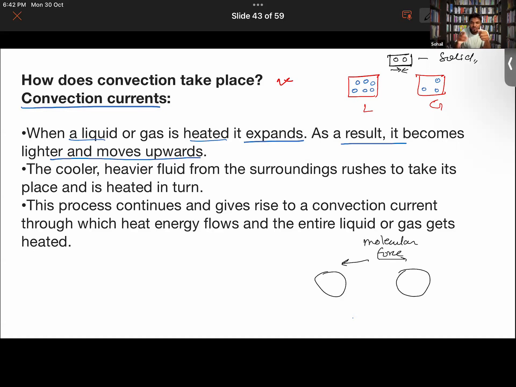That's why the particles of the solid do not break away. And how does the state change when you heat a solid material? The force between them is overcome, and then they break away free.